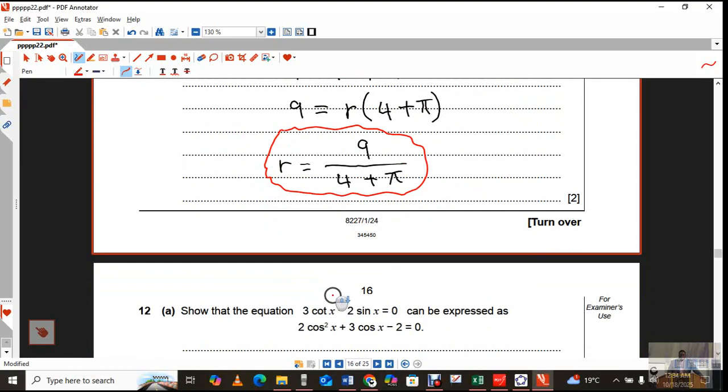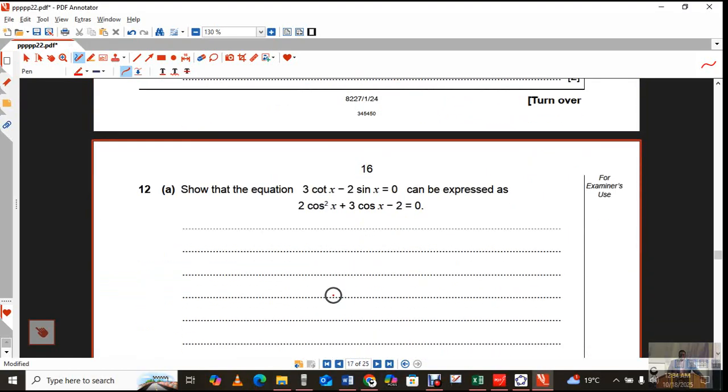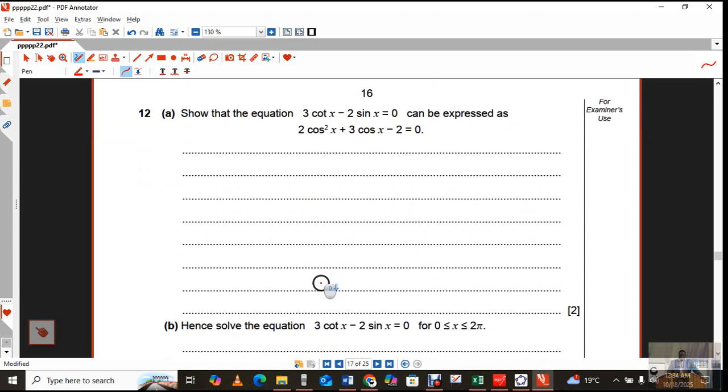All right, question 12. Show that the equation 3 cot x minus 2 sine x equals 0 can be written in that form. So 3 cot x is the same as 3 cos x over sine x, minus 2 sine x equals 0.